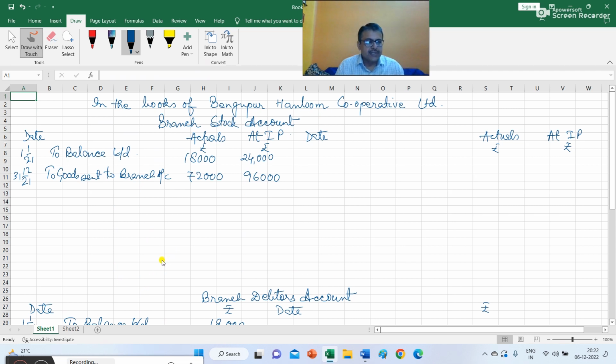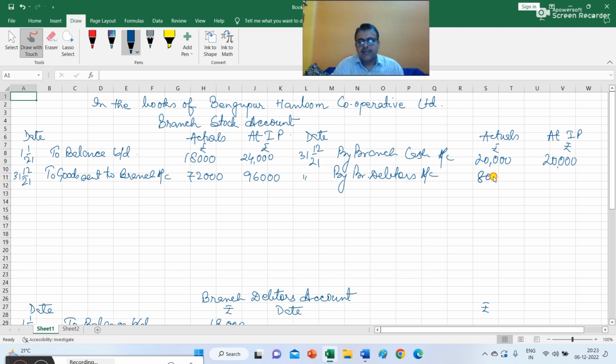The next transaction is regarding the sales. In the branch stock account, I am writing on the credit side: by branch cash, the sale that has been made for cash. This is for 20,000. And the sales that have been made on credit, I have to write as branch debtors account, and the credit sales is 80,000.